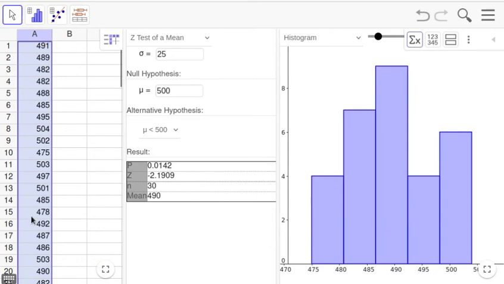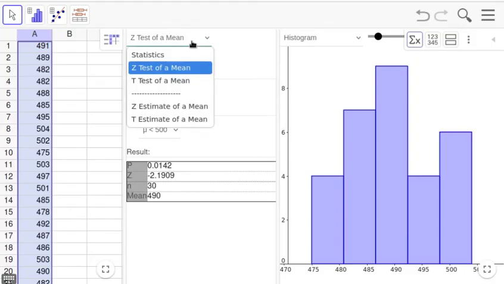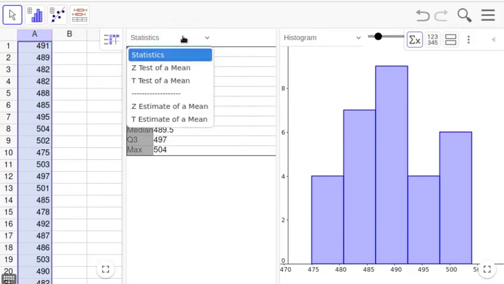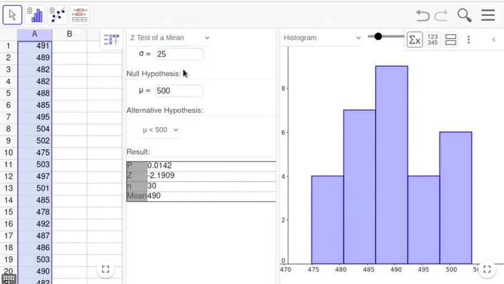I would paste in that data. And remember, we went to show statistics. And then instead of seeing the statistics, we went down to a z-test of the mean. We then put in the population standard deviation, the null hypothesis, and we checked the alternative hypothesis. So if I was given these 30 data points, this last method using the spreadsheet is exactly what I'd do.